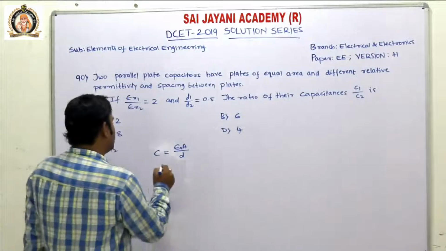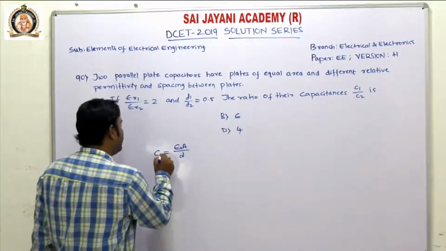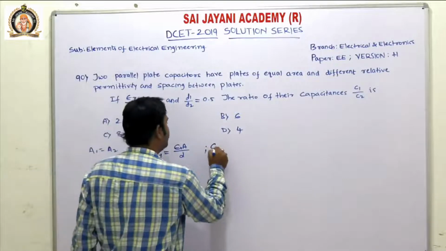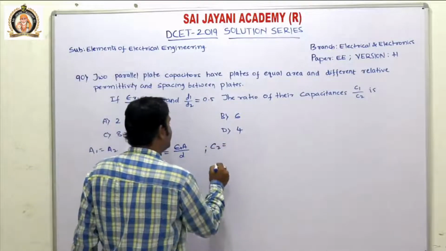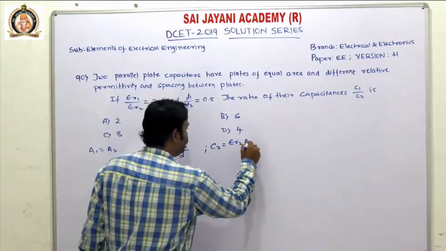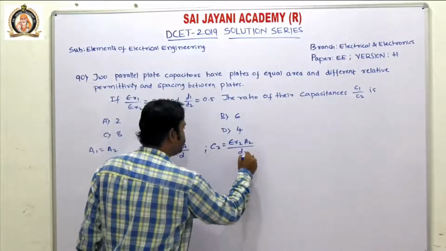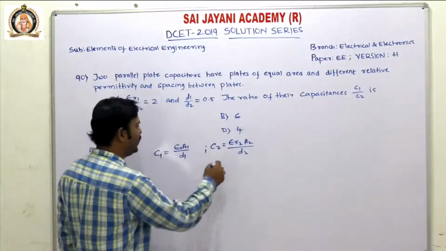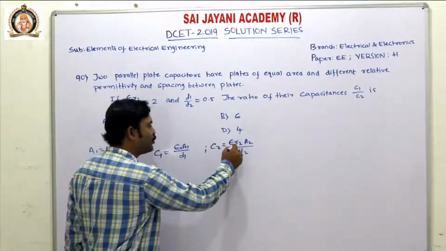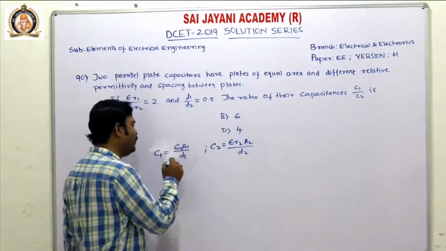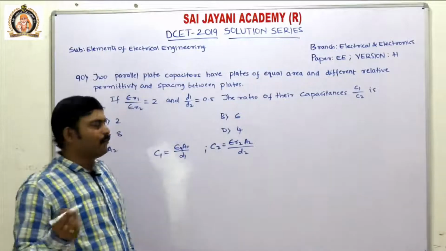Okay, so now what can I take? I will take it as C1, and similarly for C2 it is epsilon R2 A2 divided by D2. I will take it as D1, I will take it as A1, and here C2 equals epsilon R2 A2 by D2, C1 equals epsilon R1 A1 divided by D1.